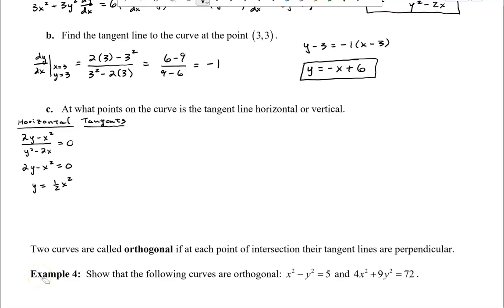So each horizontal tangent line will occur at xy pairs on the curve where y is equal to 1/2 x squared. But since these points have to be on the curve, the points where we have these horizontal tangent lines, that means we can substitute this quantity into the y values for the original equation.